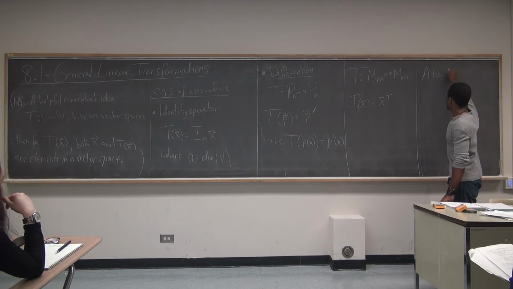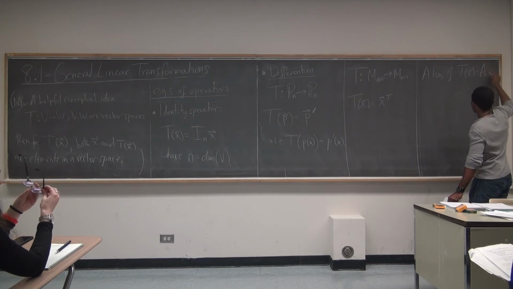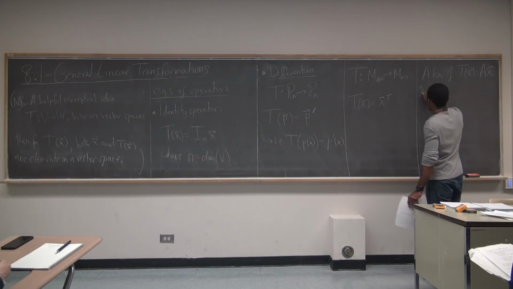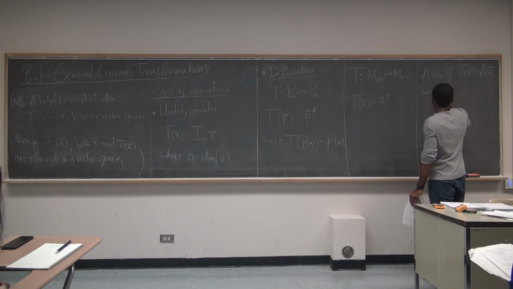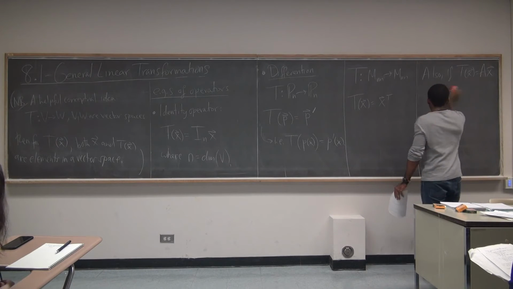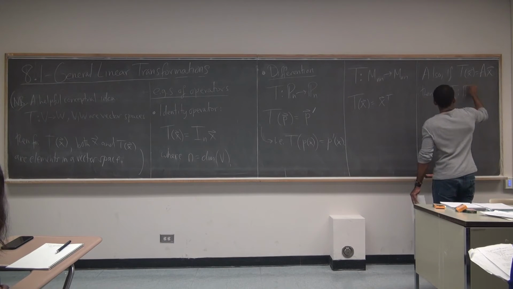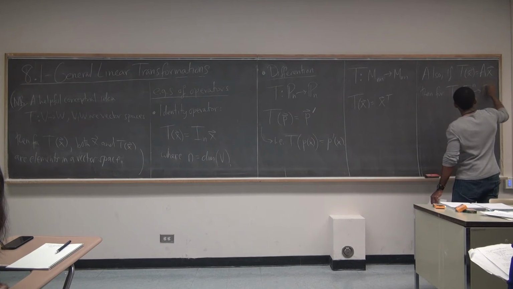Also, if T is defined to be multiplication by A, then for T, I feel like I've gone from F^n to F^m.